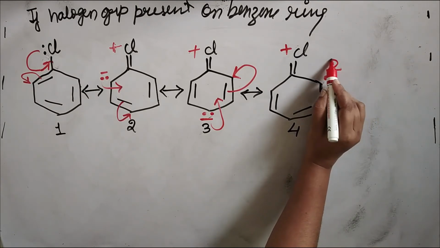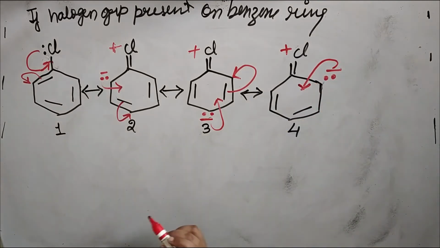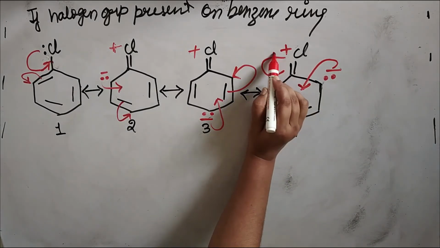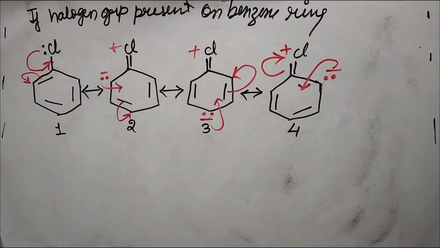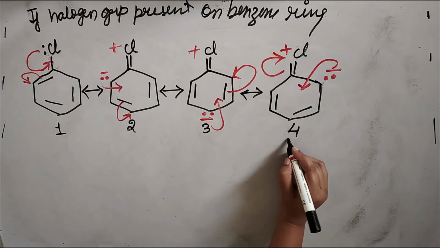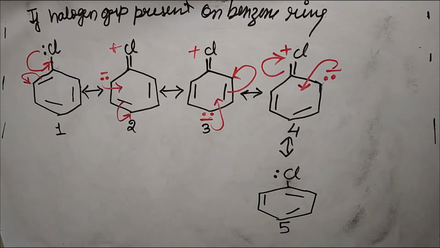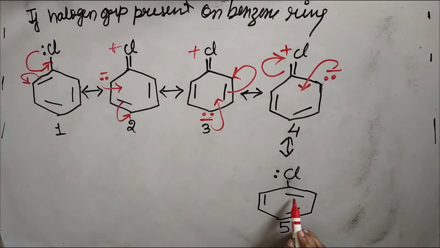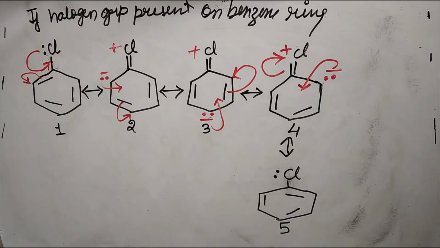Now again, due to resonance, these electrons will move inside the ring. And let's see the fifth structure. So this is the fifth structure, where you can see the double bond will appear here and the lone pair will go back on chlorine. So this is the fifth structure.